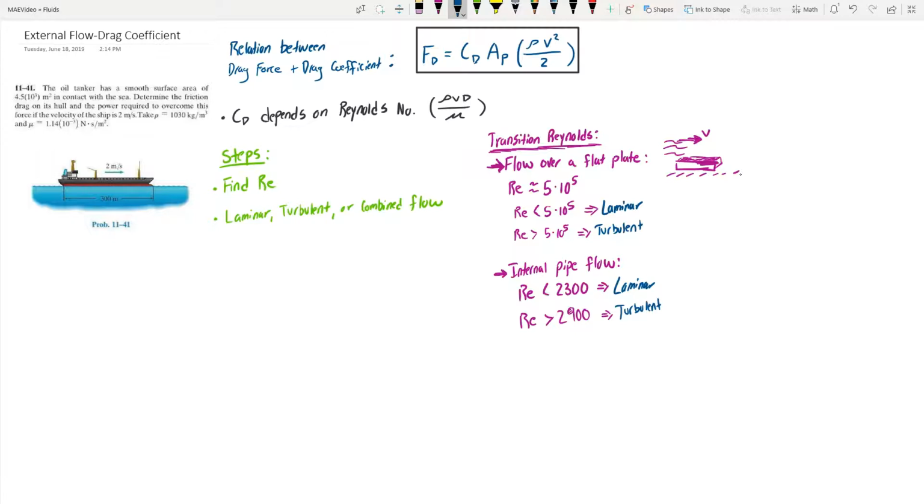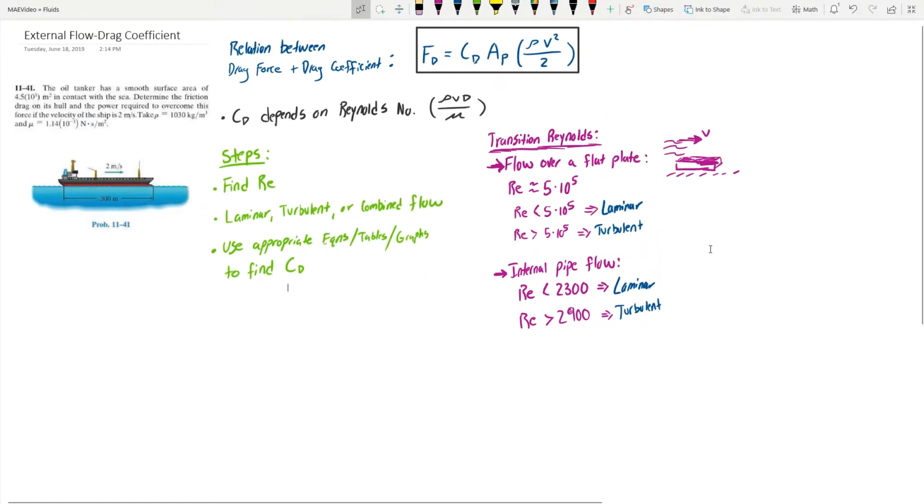Okay, so from here, the next step would be, after we determine whether it's laminar, turbulent, or combined flow, we would use the appropriate equations, tables, or graphs to find the drag coefficient.